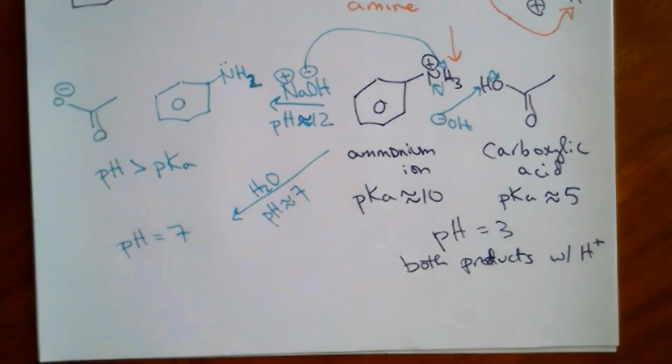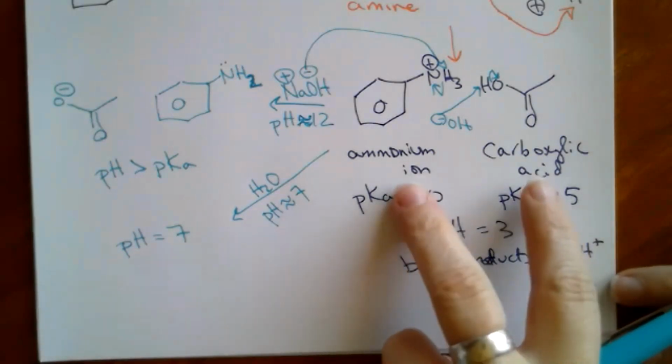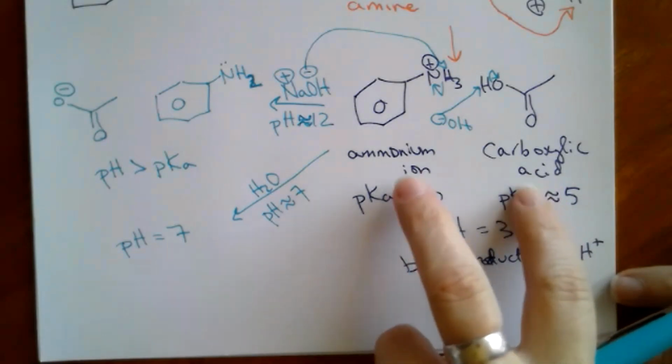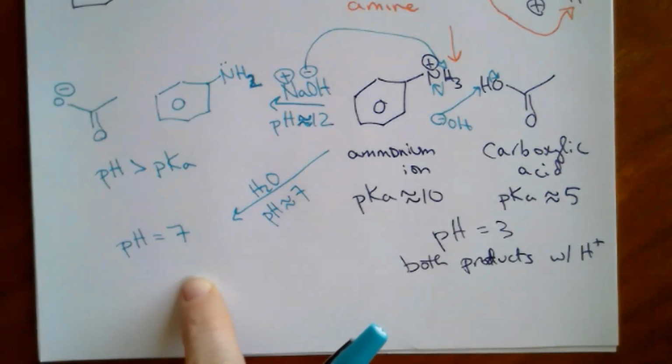There are 3 pH ranges we will see in this unit. Acid means about 3. Base means about 12. And water means about 7. You need to know what the identity of these will be at pH 7. Yep, acids and bases, man, it's a big deal.